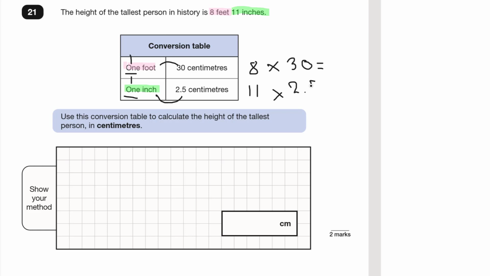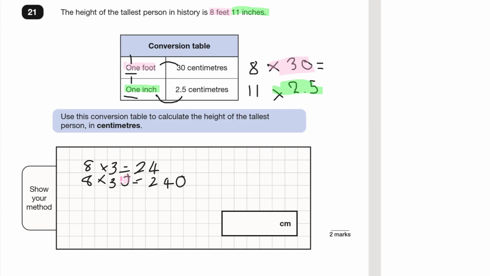So this is our conversion here. This is telling us how we convert it. We have to multiply by these numbers. So to do 8 times 30, if you know that 8 times 3 is 24, you know that 8 times 3 tens is 24 tens, which is 240.